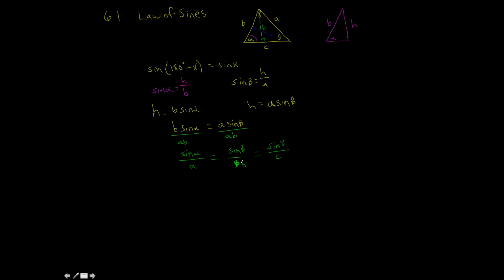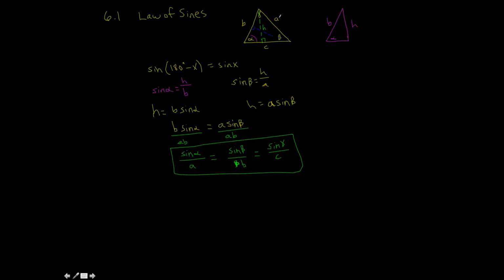Okay, so this right here, this is our law of sines. And what it says is, in any triangle, the ratio of the sine of an angle to its opposite side is the same as the ratio of the sine of either of the other angles to its opposite side. And that's important for you to realize because in our triangle, notice, gamma, C is the opposite side.